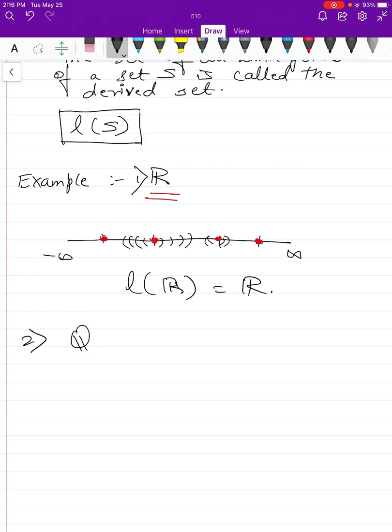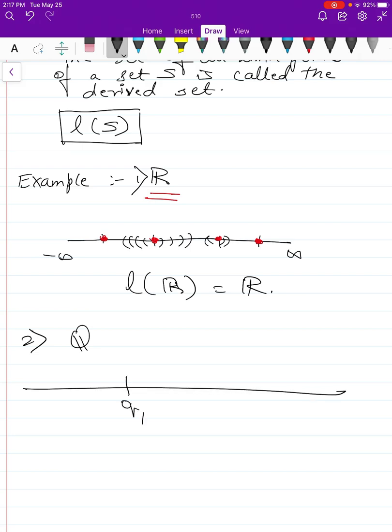The same thing applies to Q here. Every point of the set Q is a limit point of itself, because between two rationals there will exist an infinite number of rationals. Rationals are dense again. But further, every irrational number will also be a limit point of Q.